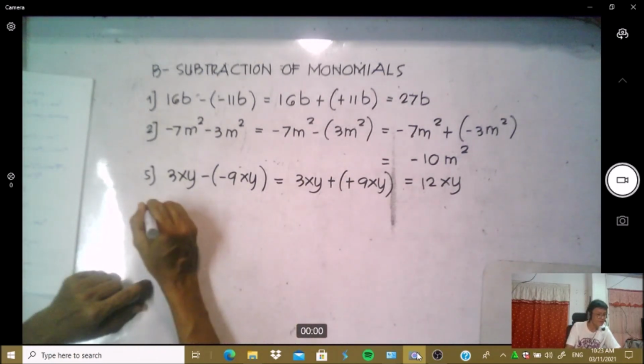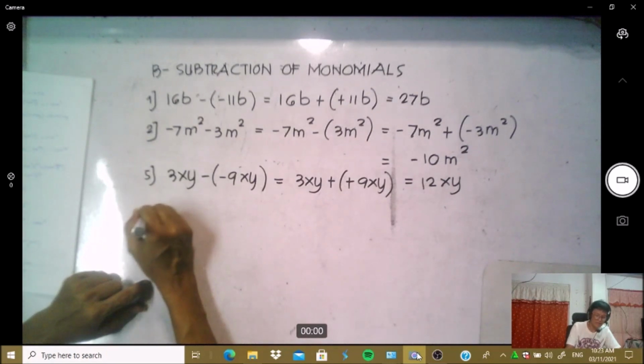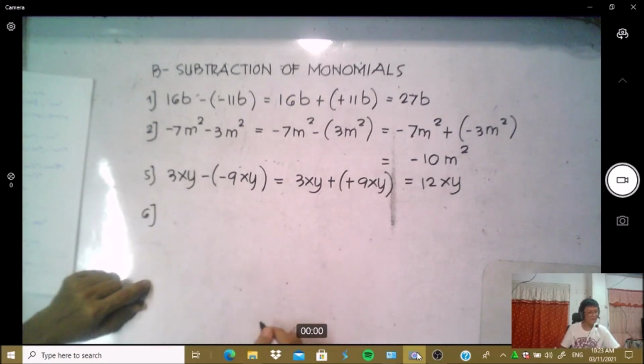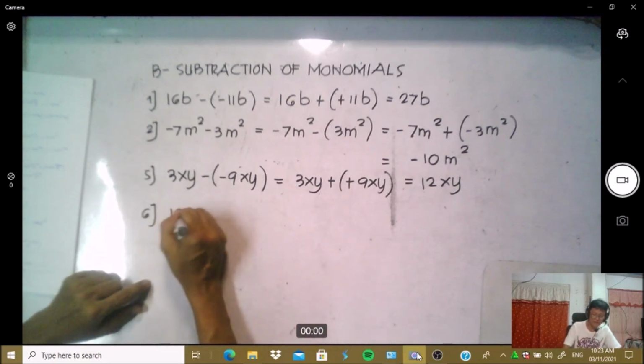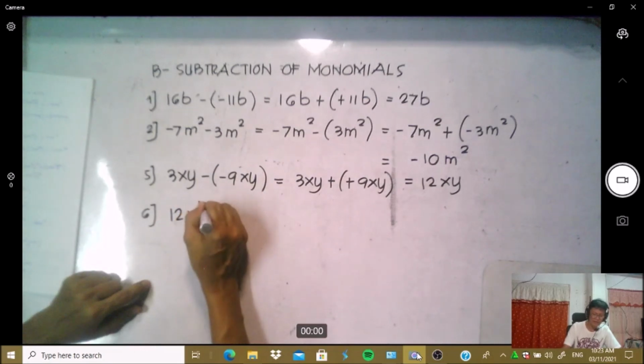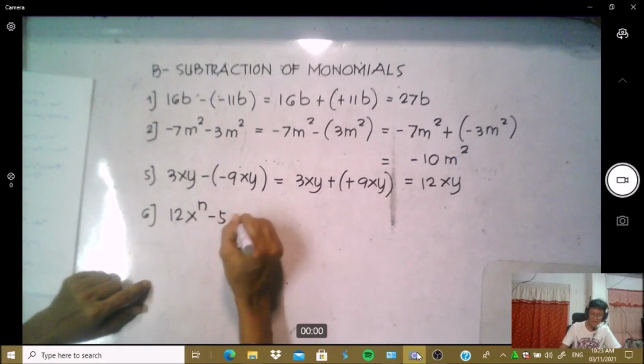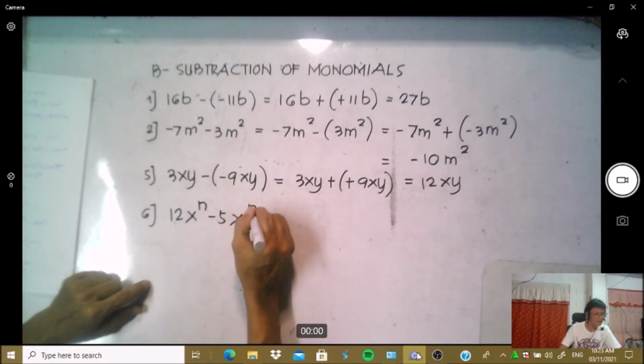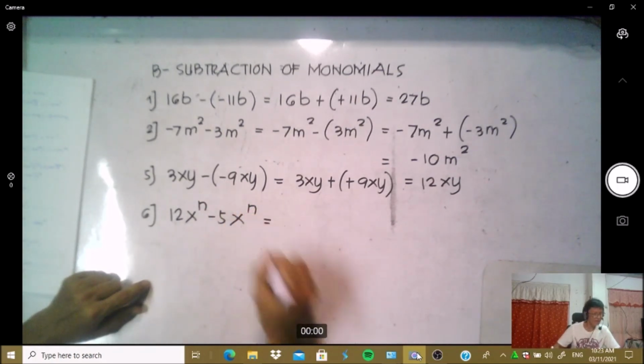And for number 6, we have 12x raised to n minus 5x raised to n. Okay.